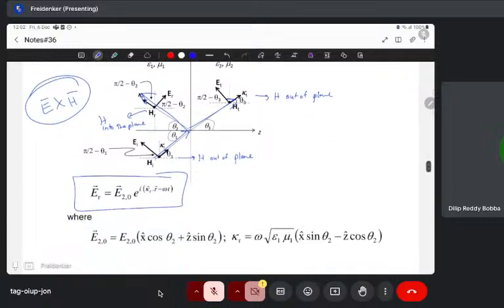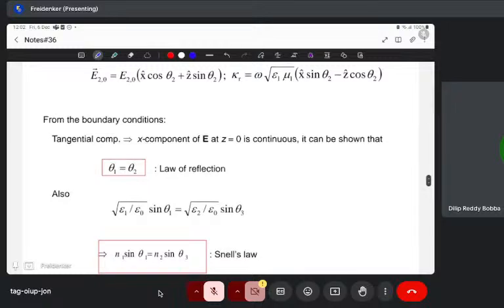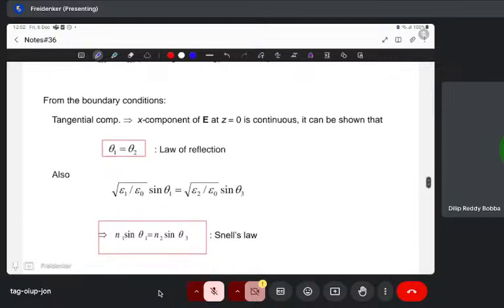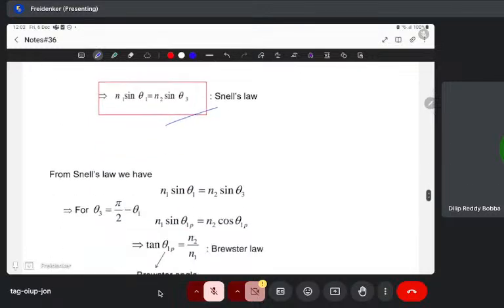I think we're spending so much time here. Is there anything that this wants to tell? Are they using boundary conditions? Fine. Tangential component. Tangential component of E was continuous. Okay, I know law of reflection. This is Snell's law. That is also nice. So, what do they want to tell?